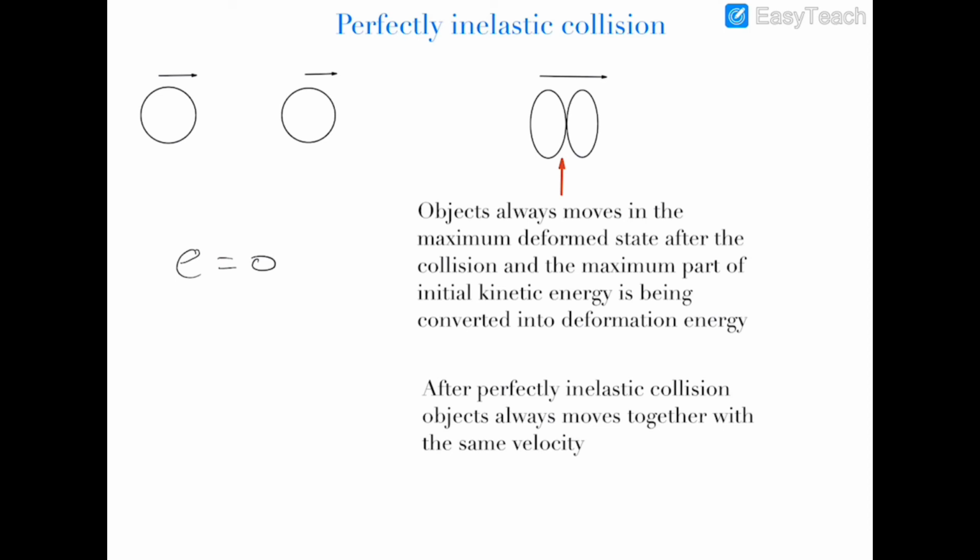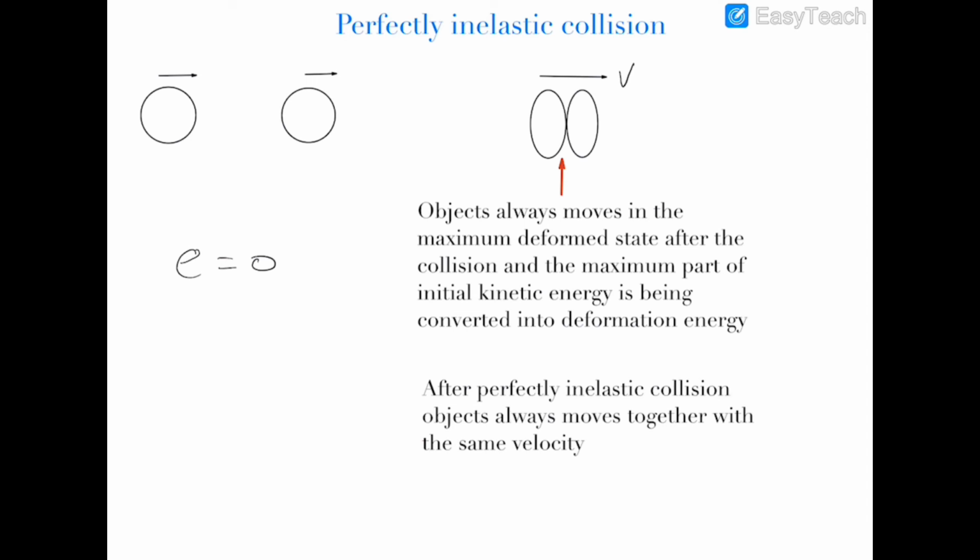Once they deform to the maximum deformation state and move with the same velocity, they will not reform, and they will keep on moving with this same velocity forever. So objects move in the maximum deformed state forever after the collision, and the maximum part of the kinetic energy is converted into deformation potential energy.